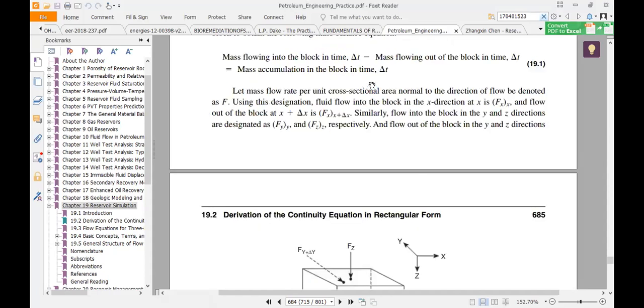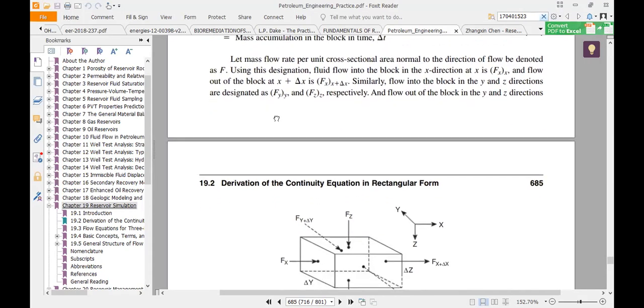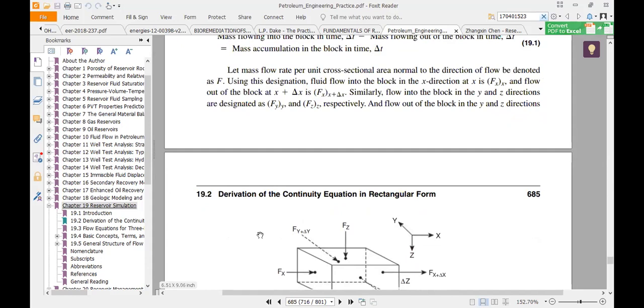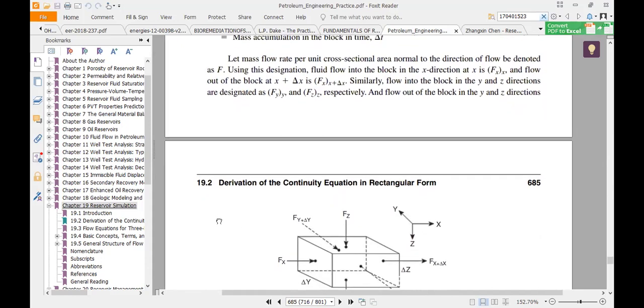Basically, mass flowing into the block at any time minus mass flowing out of the block is equal to the mass accumulated in the block over a time period delta t.